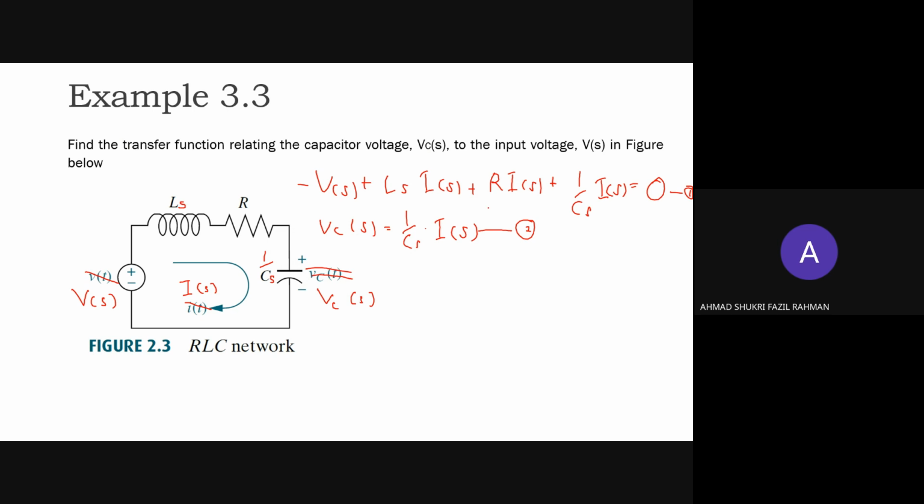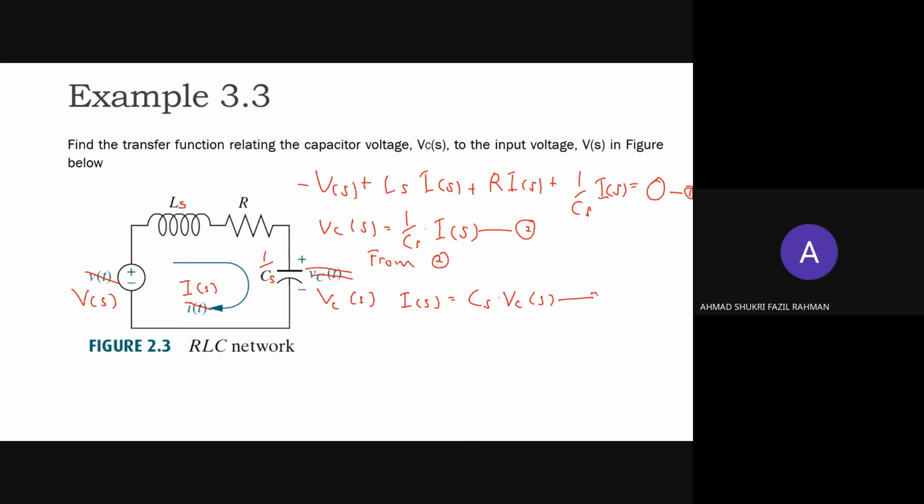Okay, so from here we obtain the value of IS. So IS would be equal to, so from 2, IS is equal to CS multiplied by VCS.